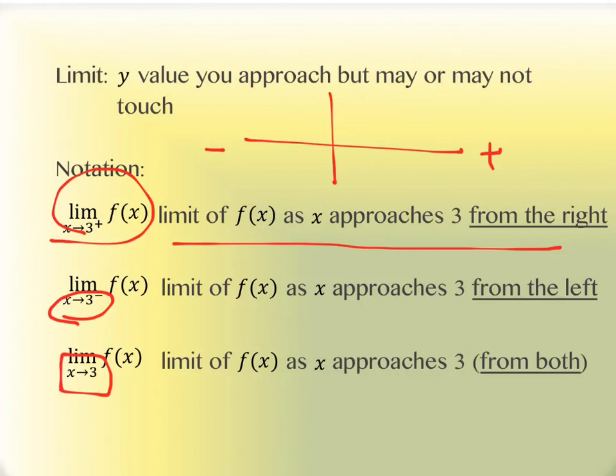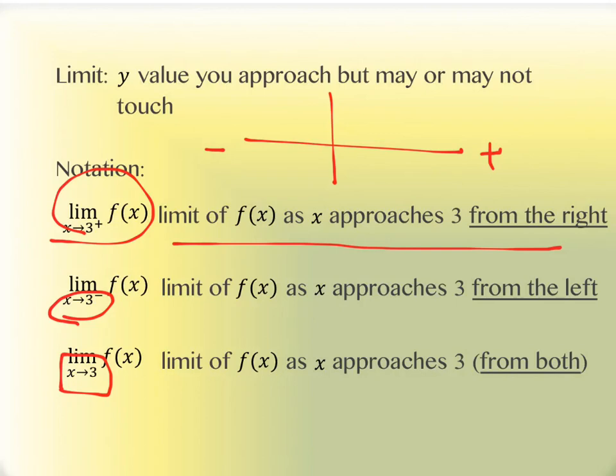That existence definition is talking about this piece down here. This limit, as x approaches 3, is only going to exist if each one of these existed and if they were the same. This one's only going to happen if these both match.